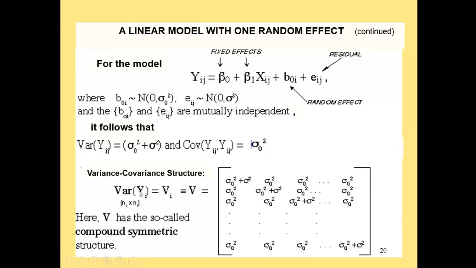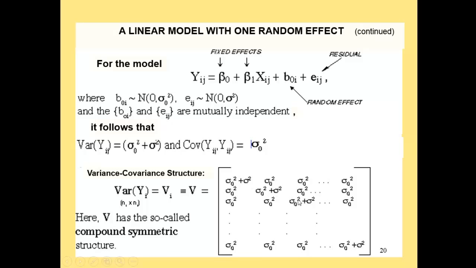So these values plug right into the variance-covariance matrix for subject i. The variances and covariances between the responses for subject i is denoted as Vi, okay, and it's going to be an ni by ni matrix, so the number of observations per cluster times the number of observations per cluster, and it's going to look something like this.